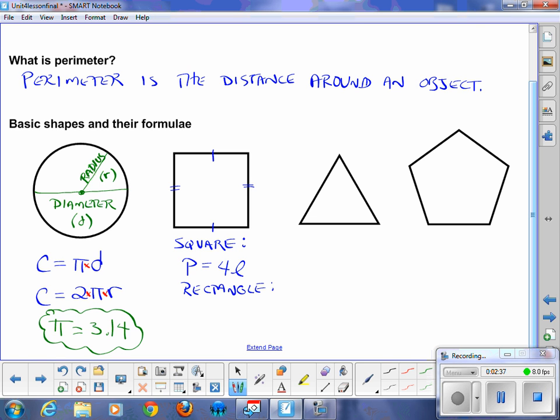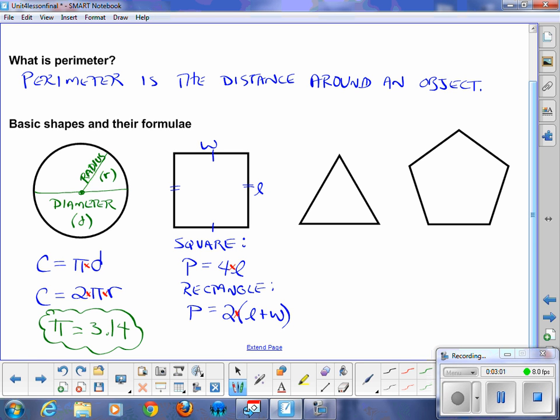Usually we use length and width. It doesn't matter which one you classify as L and W. So the perimeter for a rectangle would be 2 multiplied by length plus width. And again, if there's no sign in between, we assume multiplication. So there is your square or rectangle.